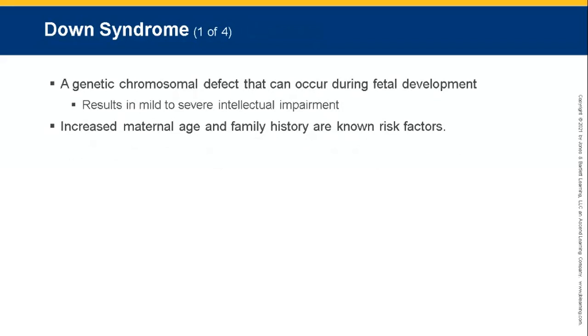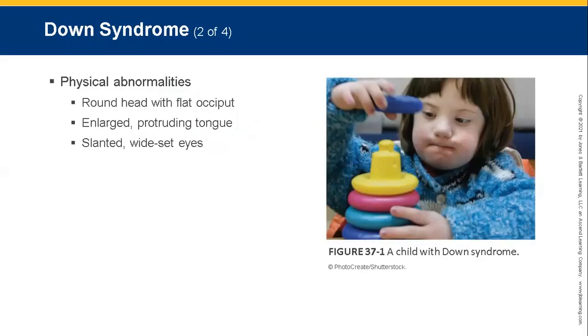Increased maternal age and family history are known risk factors. Now, physical abnormalities with patients with Down syndrome. They have a round head, they have a flat occiput, they have an enlarged protruding tongue, slanted, wide-set eyes.